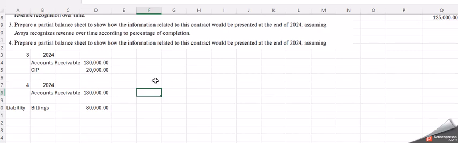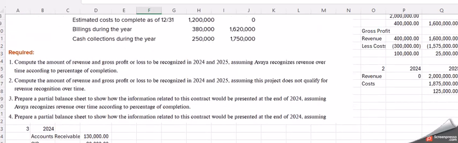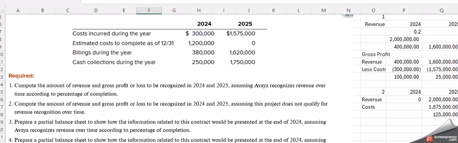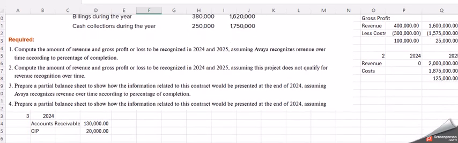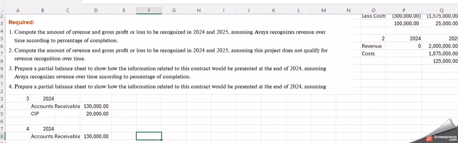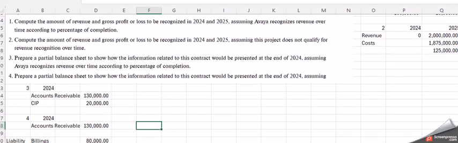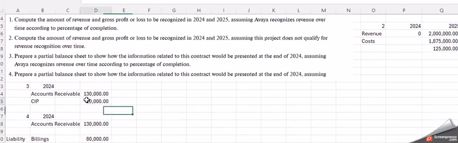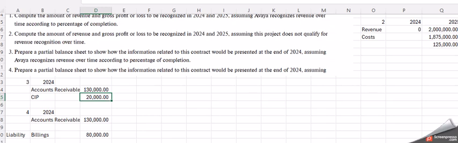And hopefully maybe that helps a little bit with the journal entries as well. I do think in some cases you'll have to not only map these dollar amounts out, but do the journal entries so you know what accounts they are hitting. When we bill them, it's going to be our accounts receivable, and then the construction in progress if we're doing progress billings or progress reporting over time.